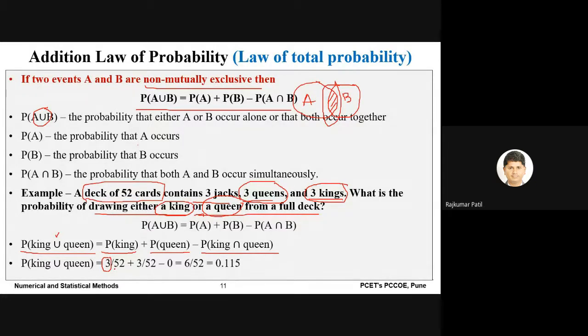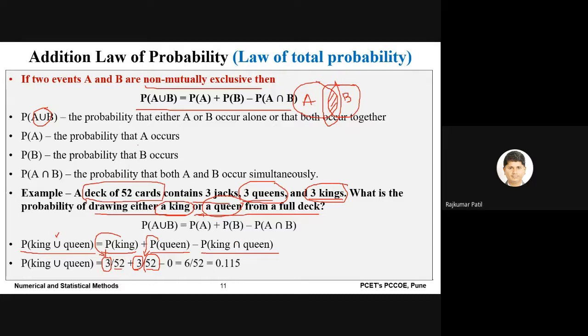So 3 divided by 52 is the probability of getting king. Similarly, in the deck of 52 cards, how many queens are there? There are 3 queens and total cards are 52. So probability of getting queen is 3 divided by 52.